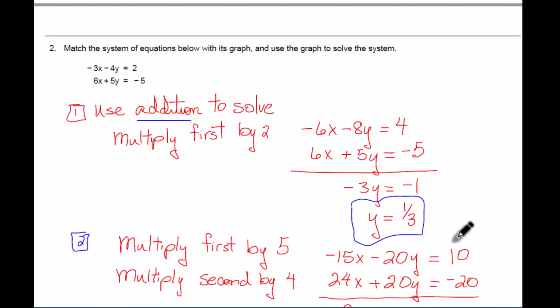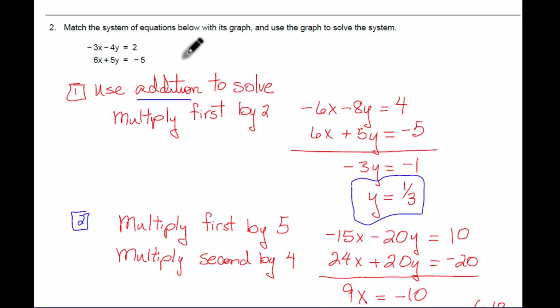All right, in question 2 here, it says match the systems of equations below with its graph and use the graph to solve it. All right, so I'm looking at this. I'm thinking I'd like to use elimination, which means I want to multiply one of these equations by some number so that when I add them up, I would like to get one variable to cancel.